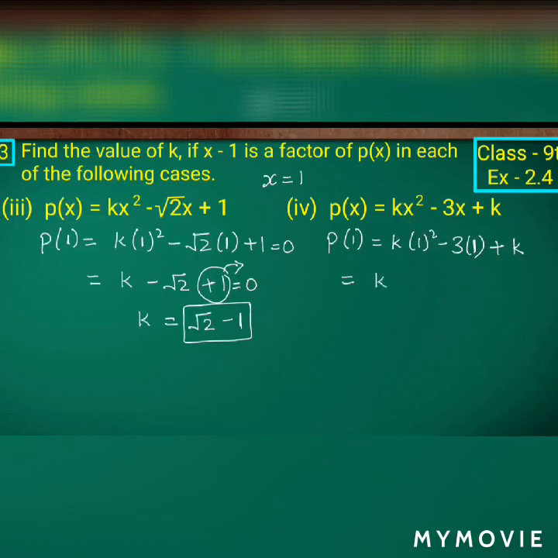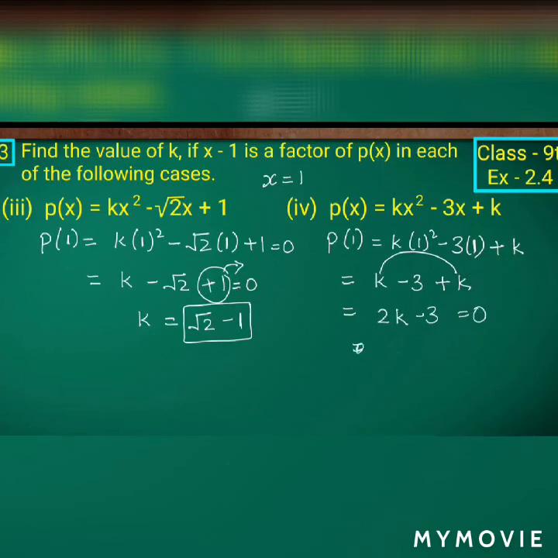K minus 3 into 1 is 3, minus 3 plus k, which is equal to 0. So plus k becomes 2k minus 3, which is equal to 0.